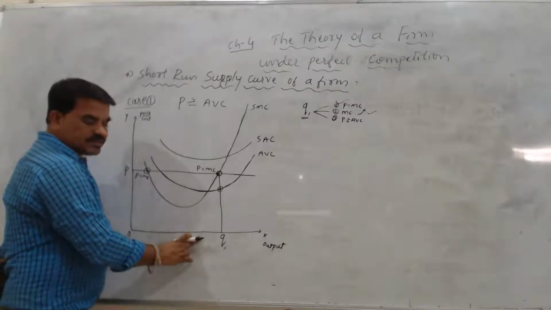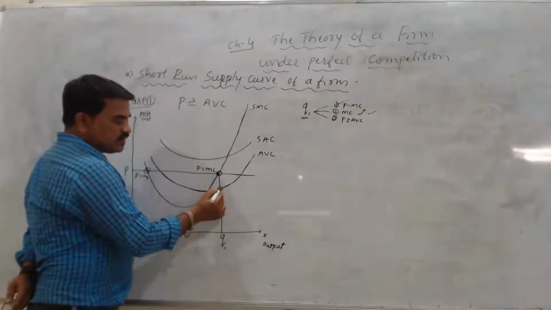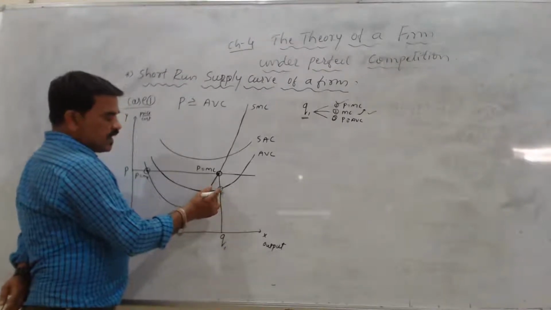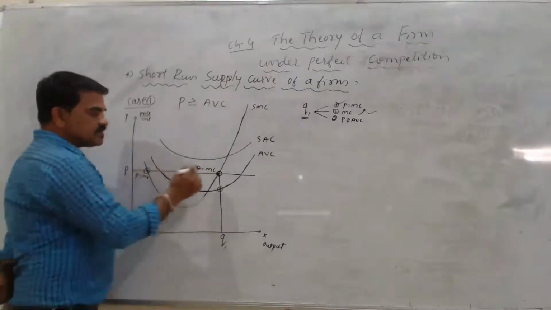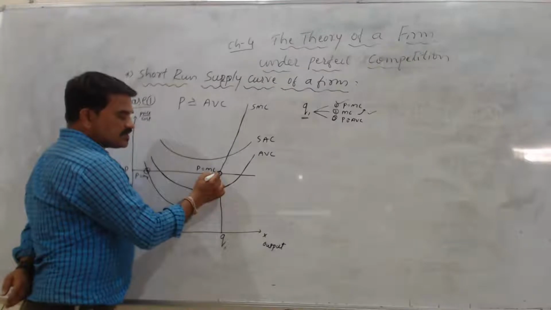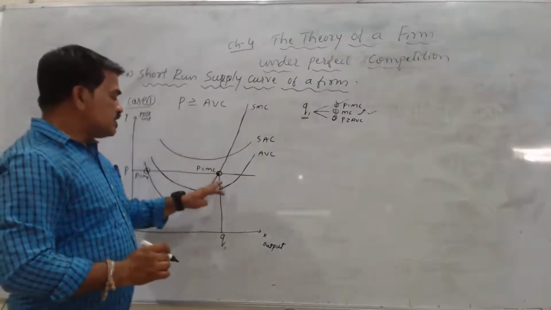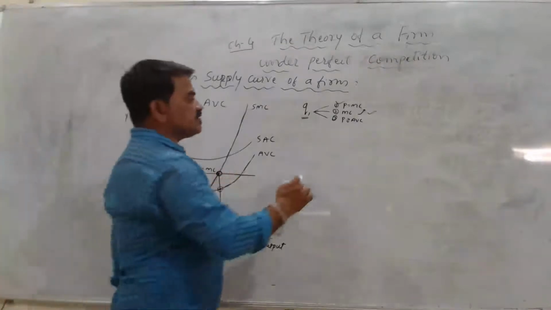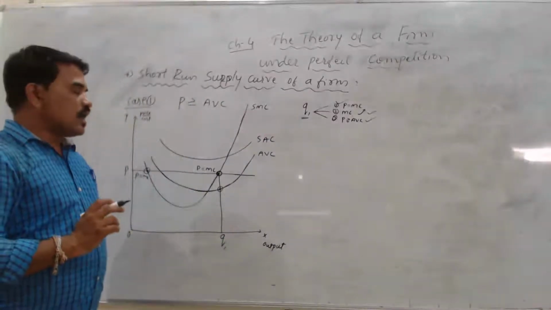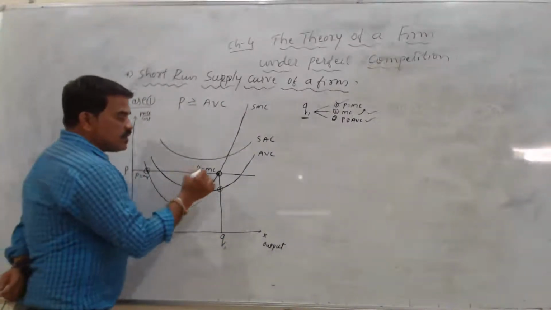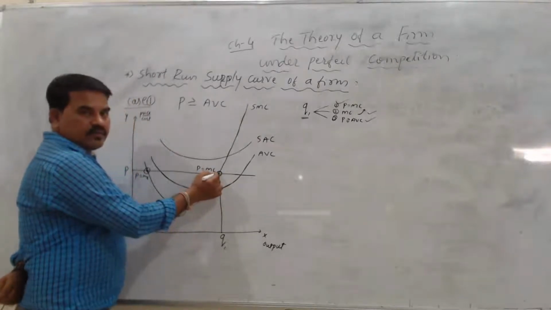So to produce this much of goods OQ1, my average variable cost is here, and the market price when I produce this quantity is here, which means the price is greater than average variable cost. So this point is satisfying the third condition as well. So this E point is the point which gives you maximum profit.